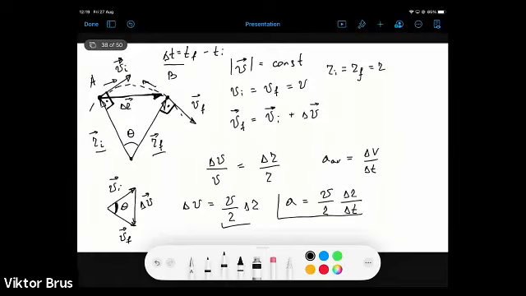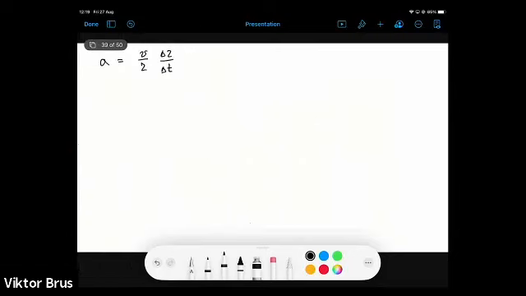Taking into account all these factors, we can write that delta R over delta T, assuming that delta R approaches the path length and delta T approaches 0, is nothing else than the linear velocity of this particle moving on a circular trajectory.